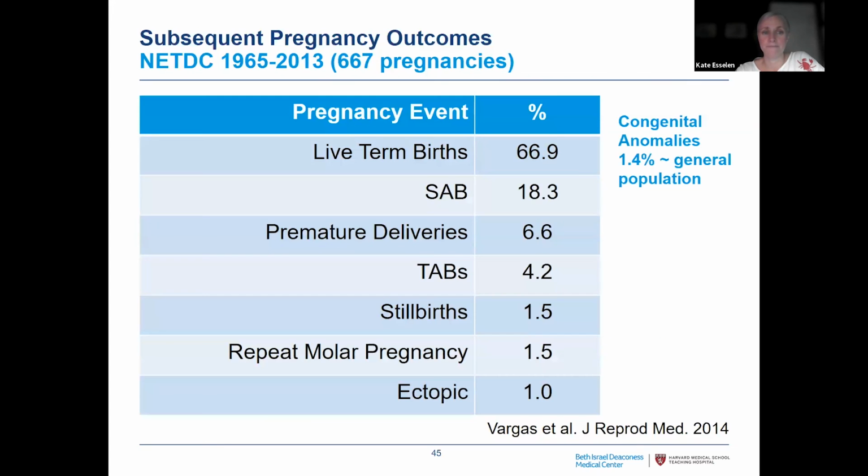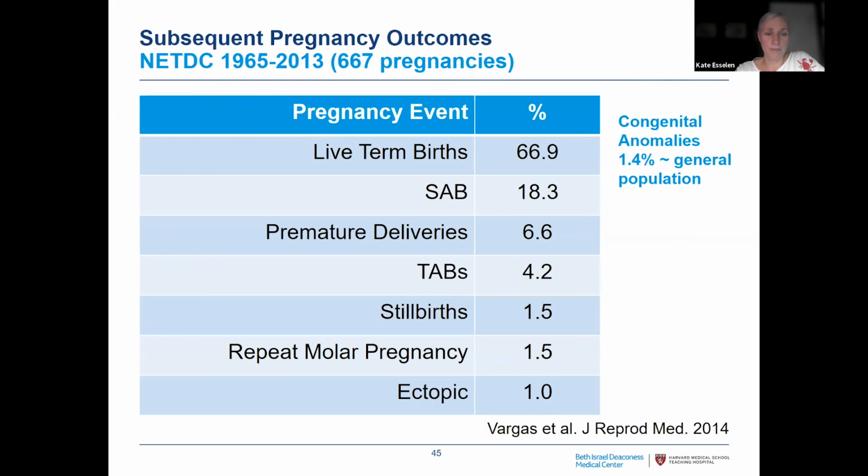molar pregnancy. But the good news that you can share with your patients who are interested in becoming pregnant is that most women will go on to have a totally normal pregnancy following their molar pregnancy. The rates of live term births afterwards are very high.